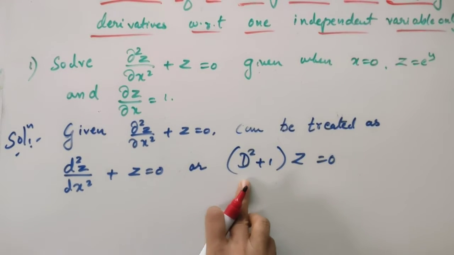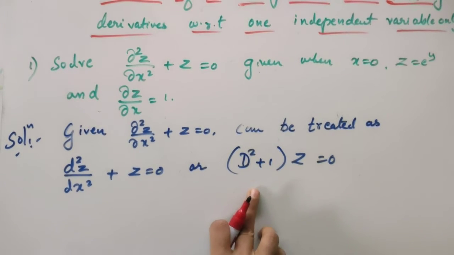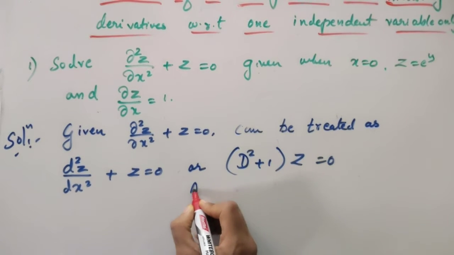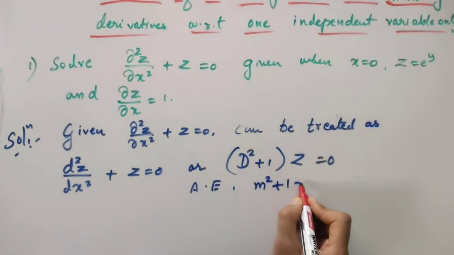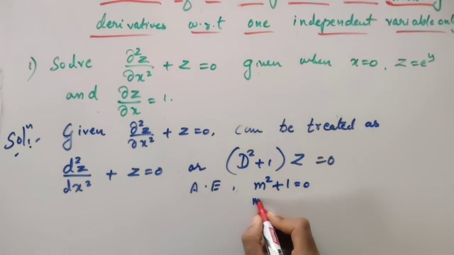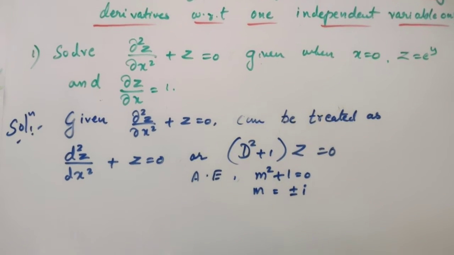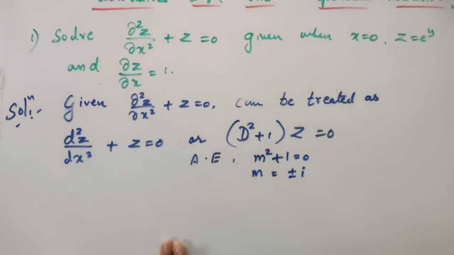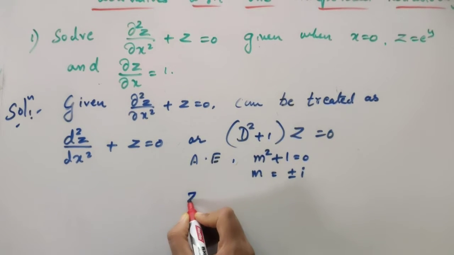Now you know how to get the auxiliary equation and the roots of the auxiliary equation, is it not? So the auxiliary equation AE is m² + 1 = 0, or m = ±i. So the roots are complex. Yes or no? So how do you write the solution for z?